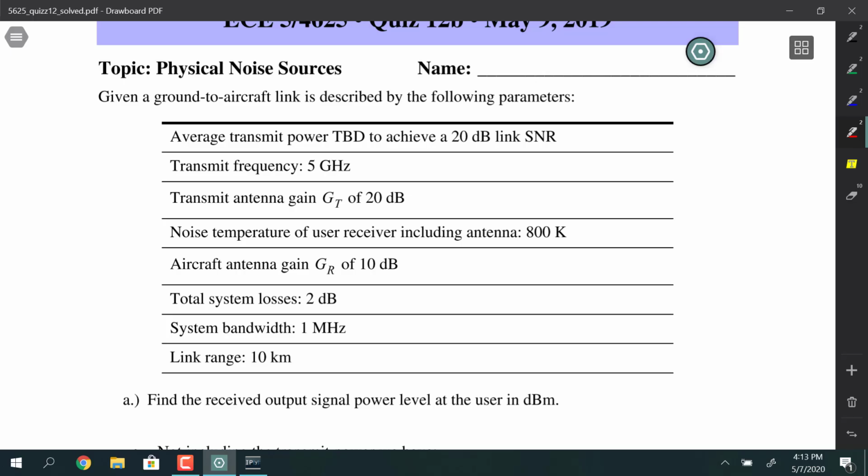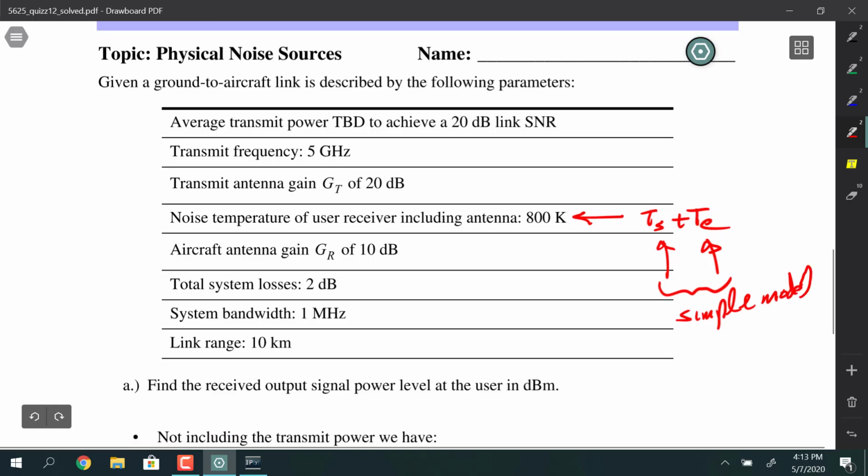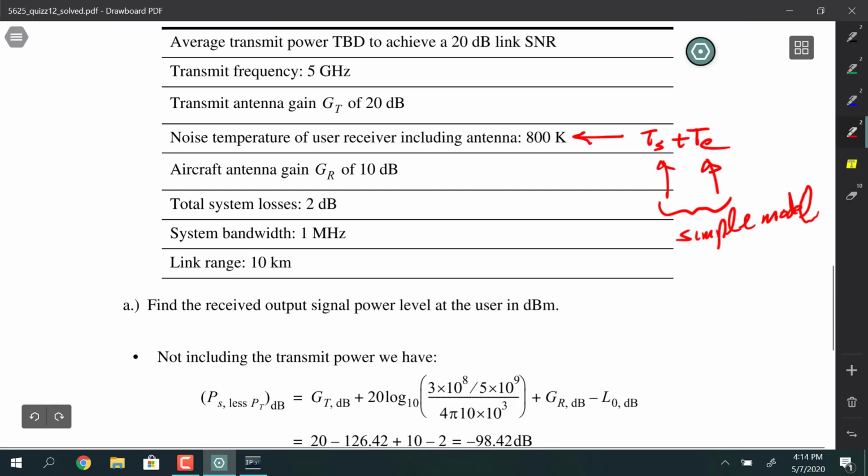So in this problem, and an exam could come like this, this is TS plus TE. You don't have to use all the other calculations with Friis' equation. This characterizes the receiver and the antenna all in one. So this just says we have it all built up for us ahead of time. Somebody's told us what that is.